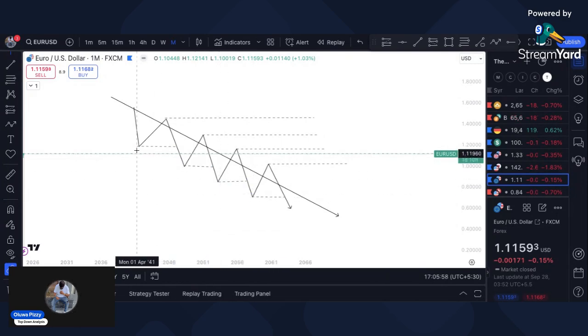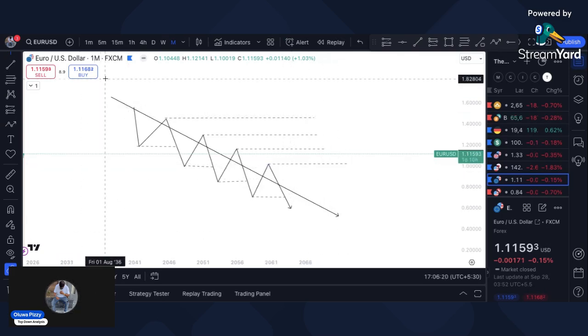So you could see it keeps breaking the previous lows. That's why we say this is a downtrend. So it's vice versa. In an uptrend, it keeps breaking the highs, while in a downtrend, it keeps breaking the lows. So that is how you know it's an uptrend or a downtrend. I hope you guys got this.